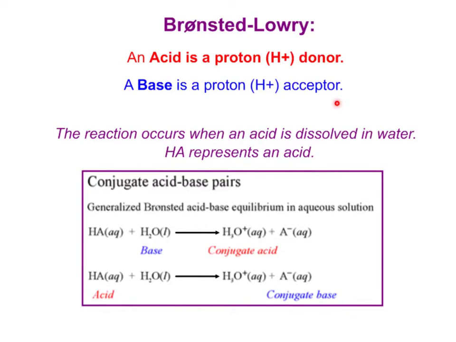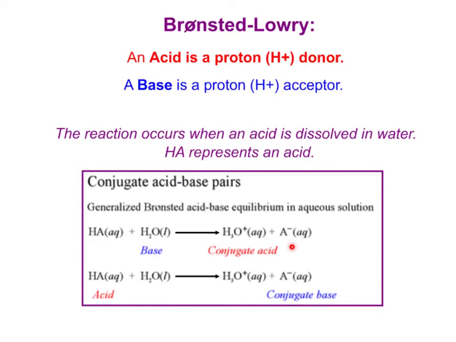And the reaction occurs when the acid's dissolved in water. We can represent Bronsted-Lowry acids by HA, A meaning the anion in the acid, H obviously the proton, the hydrogen. Here is just a general Bronsted-Lowry acid-base equilibrium in aqueous solutions. We're going to talk about what this means. Conjugate acid, what is that?